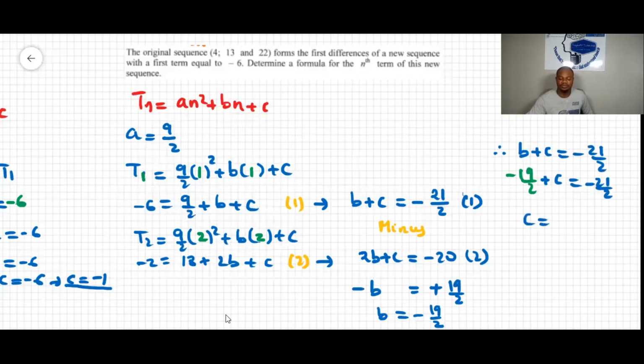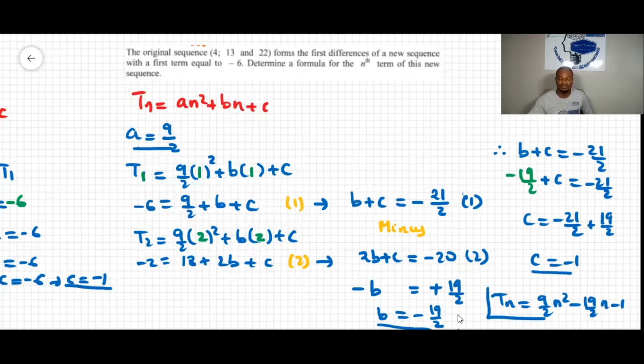So c will be -21/2 plus 19/2, which makes c equal to -1. Now that we have a, b, and c, Tn will be 9/2 n squared minus 19/2 n minus 1. We got Tn.